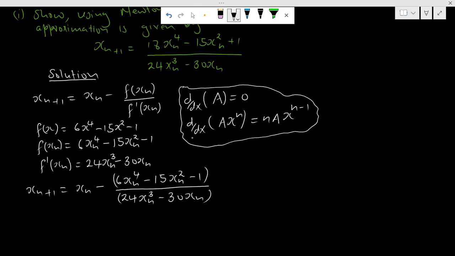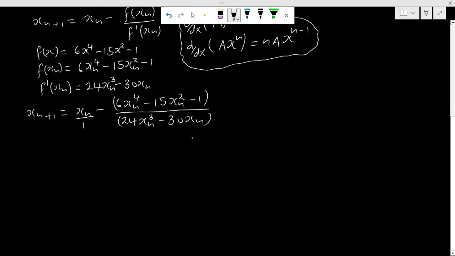What we are required to do is put x_{n+1} all into a single fraction, that is, under one denominator. We know that x_n is over 1.